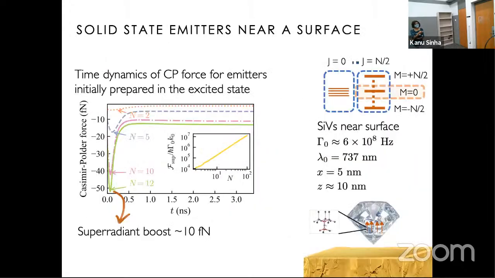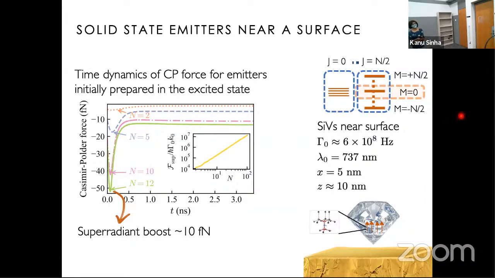Now, to see how one can possibly observe these effects in the lab, one can consider a solid state system with, for example, emitters embedded in a nanodiamond on a cantilever close to a surface. And if we excite all these emitters into the excited state, let's say if I draw the Dicke ladder, if I excite all my emitters over here, as the system gets de-excited and goes through the Dicke state, we expect there to be a superradiant burst in the Casimir-Polder force, just like there's a superradiant burst in the spontaneous emission.